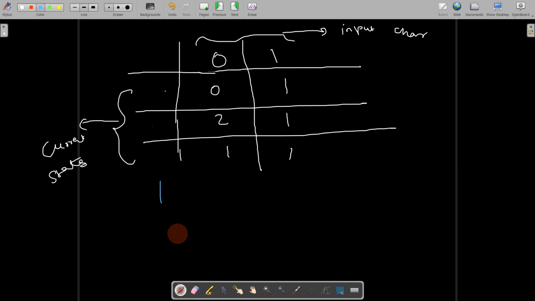Now in mathematics we will write it like q1, q2, q3, and this also we will write in terms of q1, q2, q3, q2, q2.